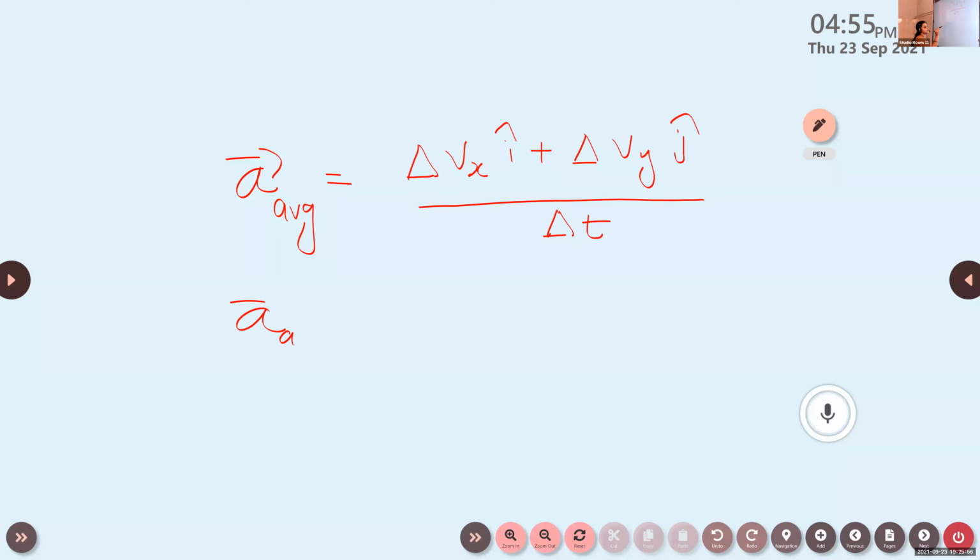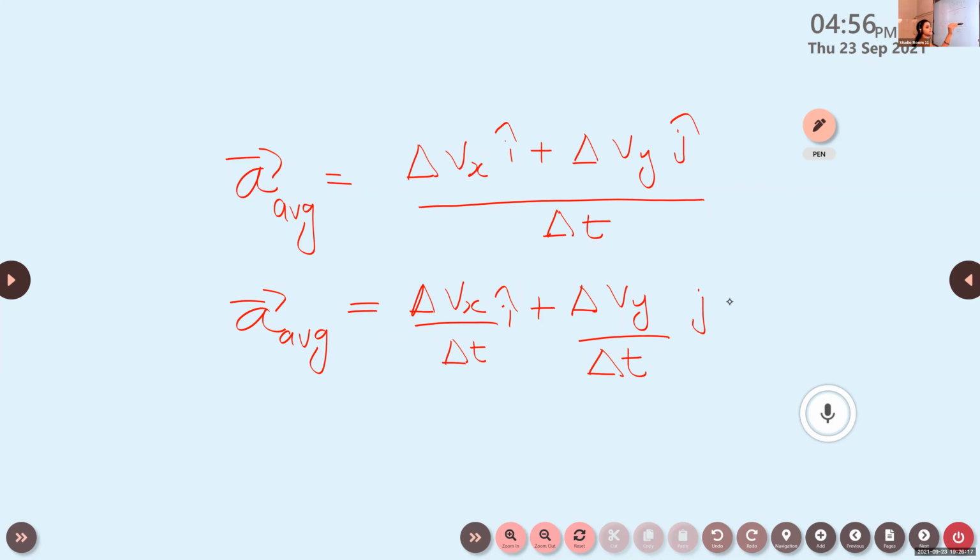Or average acceleration, vector A average, is equal to delta Vx by delta T i cap plus delta Vy by delta T j cap.